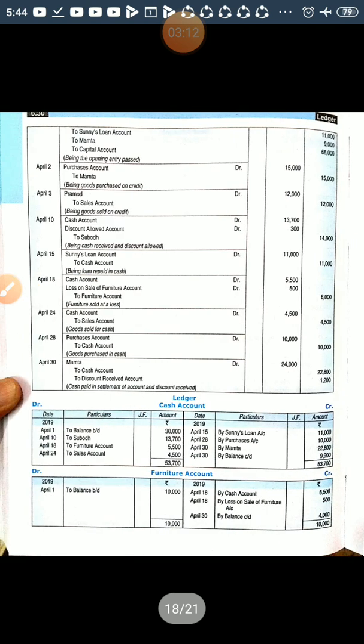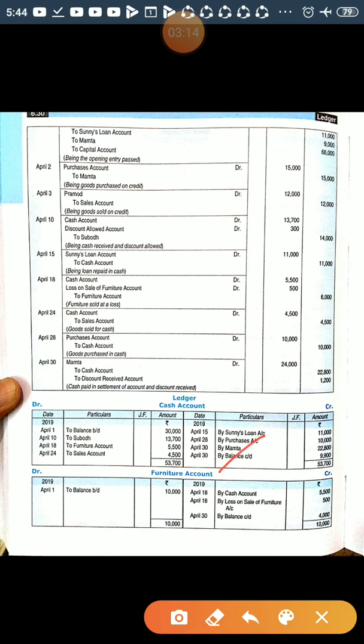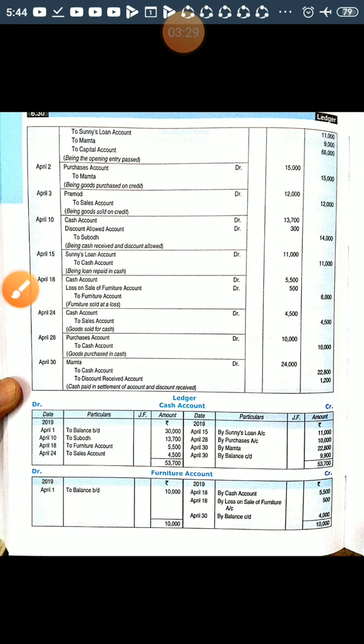In the furniture account we will write April 1st to balance b/d 10,000. All assets have a debit balance. They were debited, so on the debit side you will write to balance b/d.